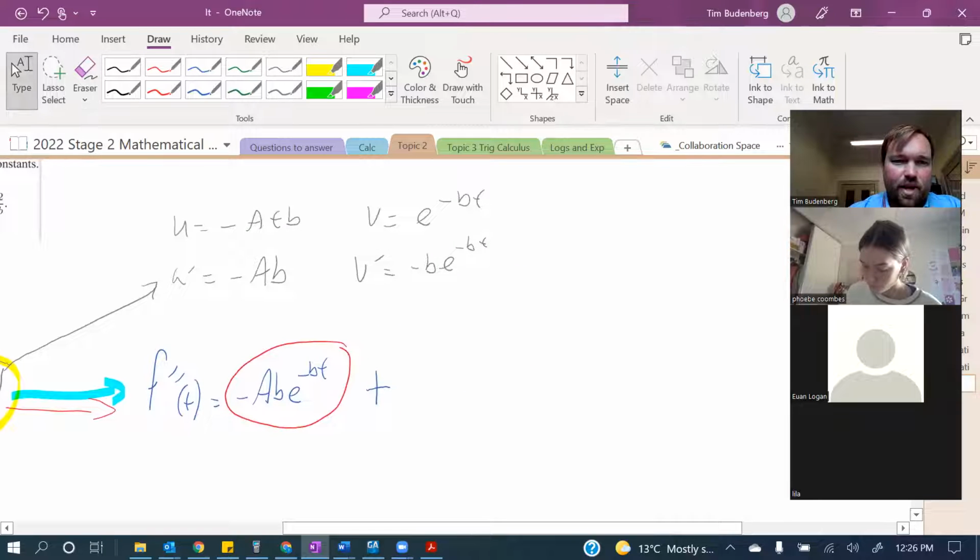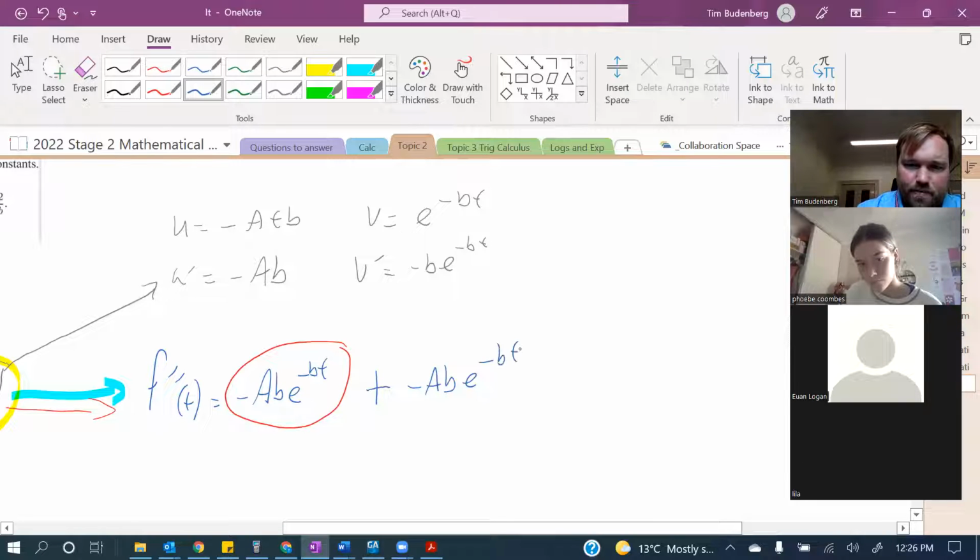So we add on u dash v, which is minus AB e to the minus BT, plus v dash u, minus ATB multiplied by minus B e to the minus BT.